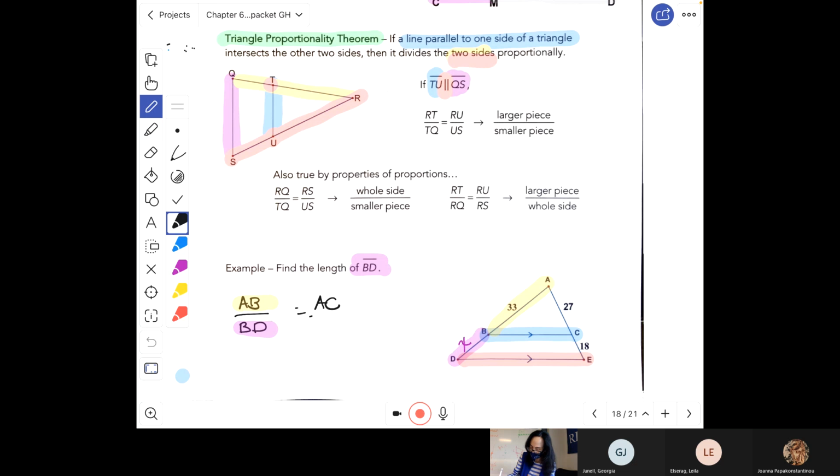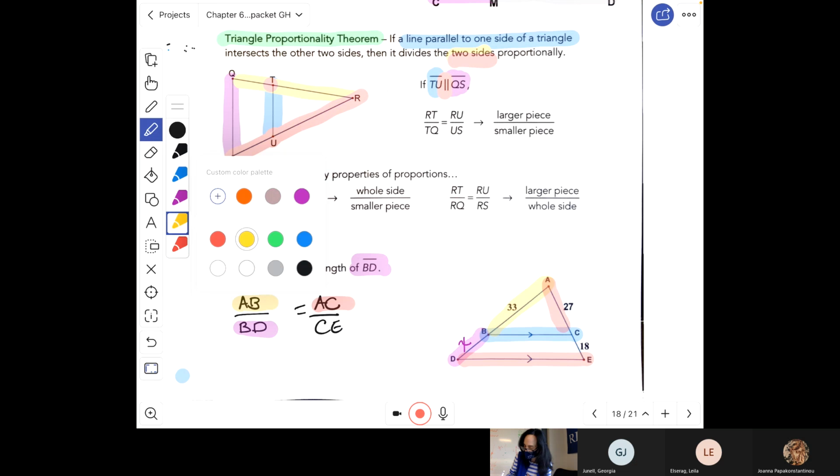Equals AC over CE. That is absolutely correct. So the little triangle, oh, I shouldn't have done those. Oh well. AC over CE. I have another color, green.